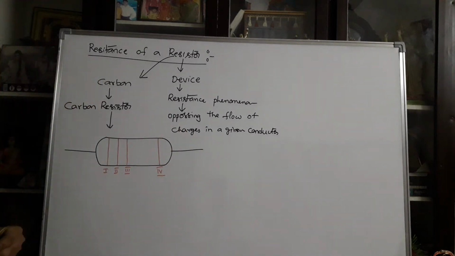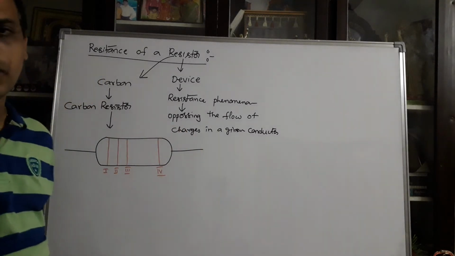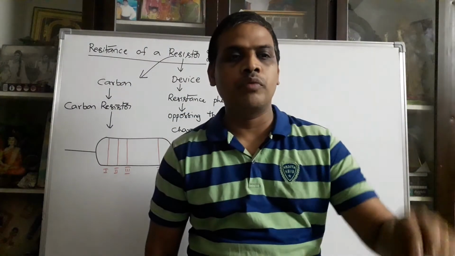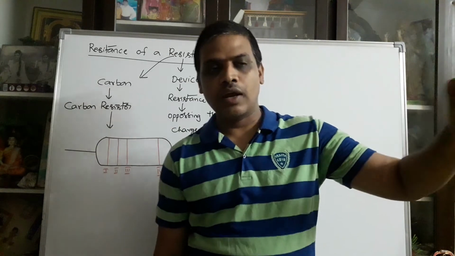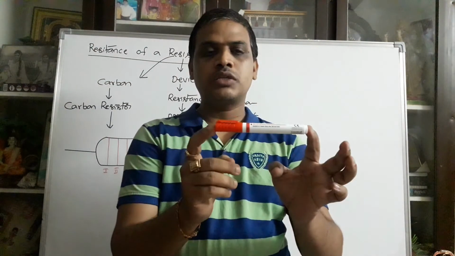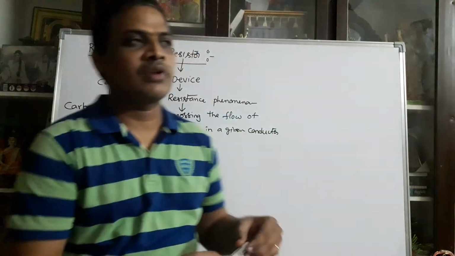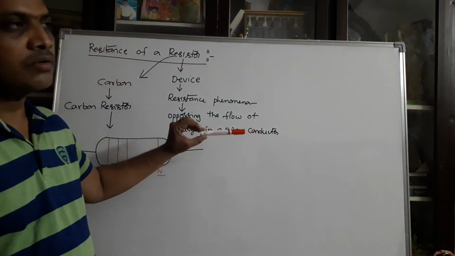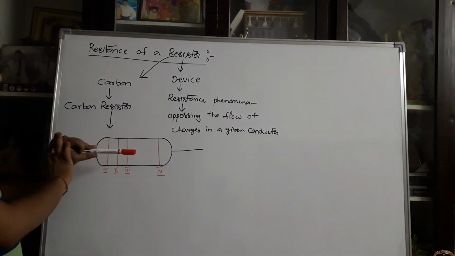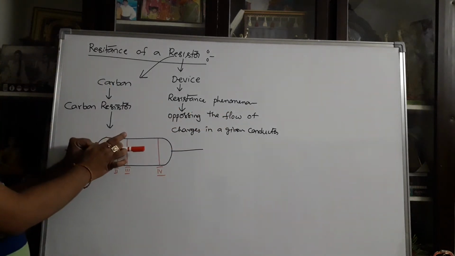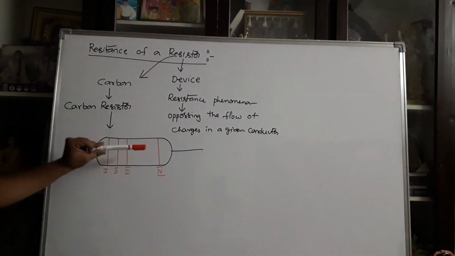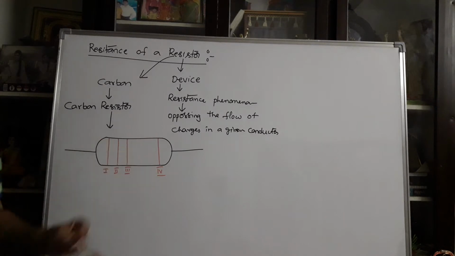In practice, if one resistor is given, you must hold it in your left hand like this. Then the three color bands are on the left side and the fourth color goes to the outside.